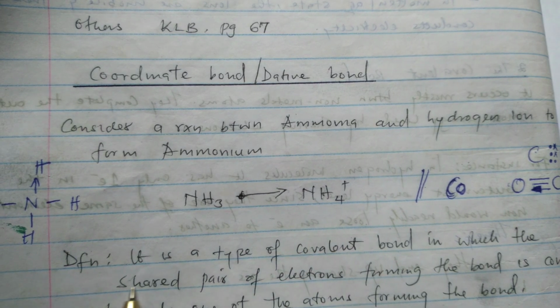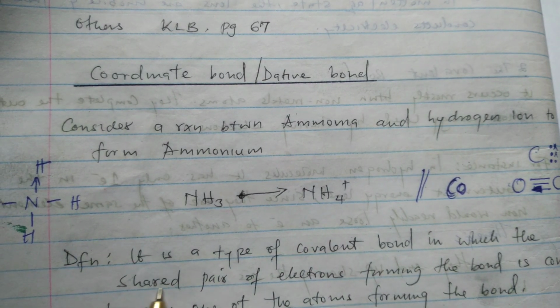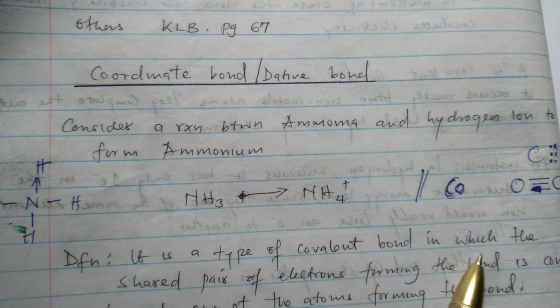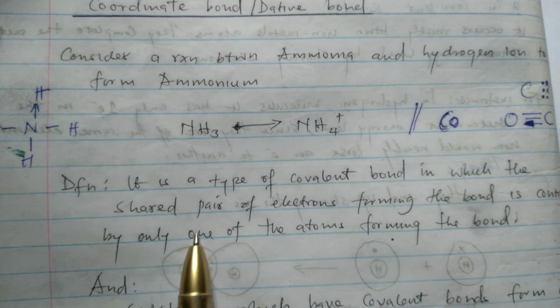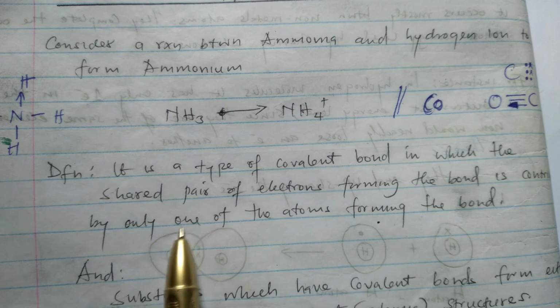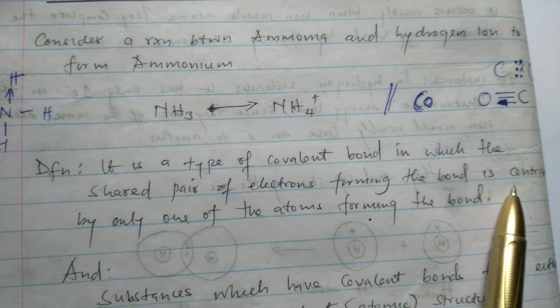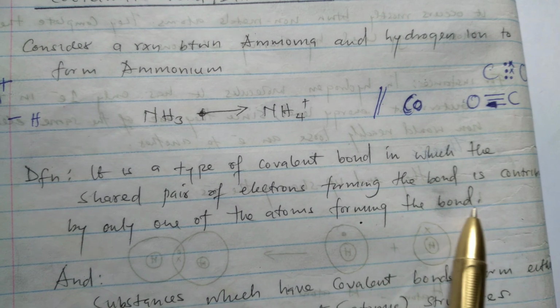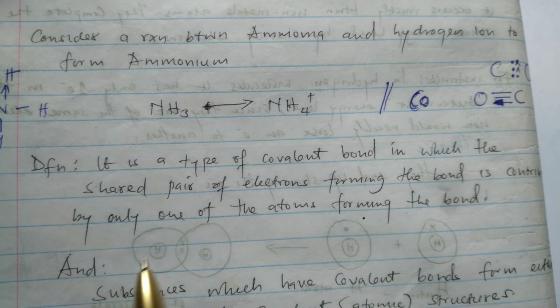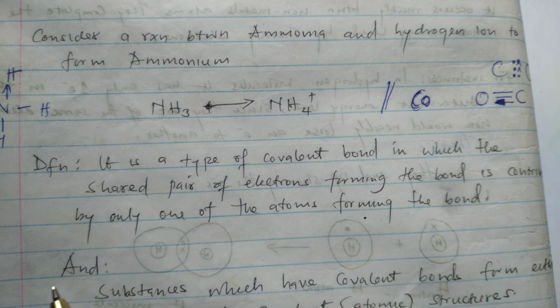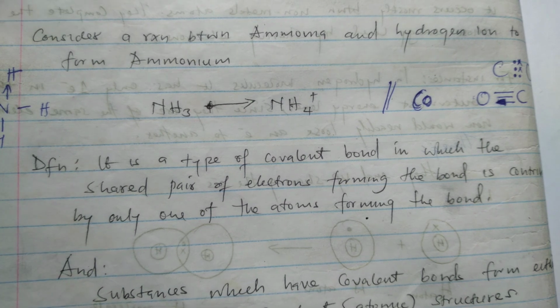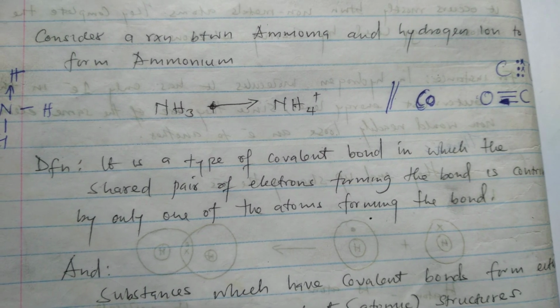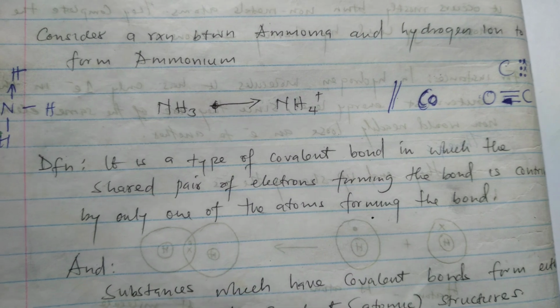Defining that type of bond, it's a type of covalent bond in which the shared pair of electrons forming the bond is contributed by only one of the atoms forming the bond.